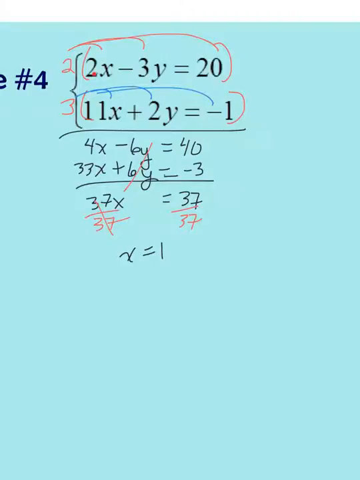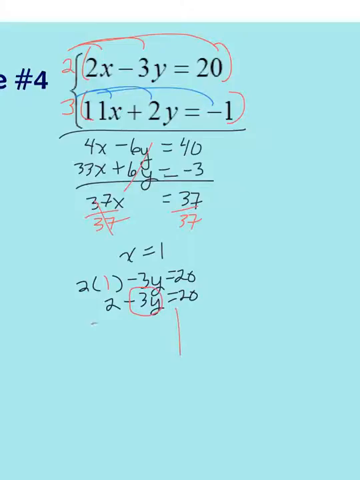You're going to plug it into either this x or this x. I guess it really doesn't matter. I'll plug it into the top one. So 2, instead of x, I'm going to put in a 1. And then minus 3y equals 20. 2 times 1 is 2, minus 3y equals 20.